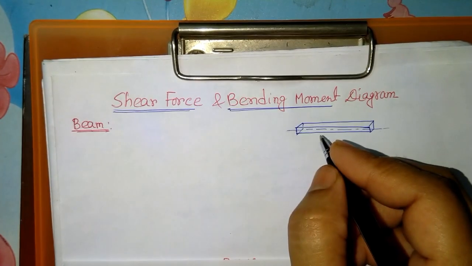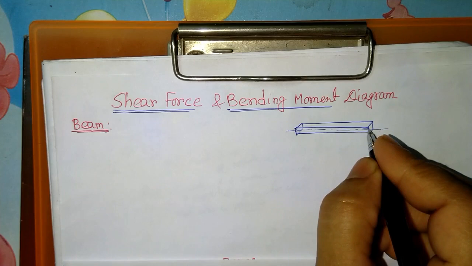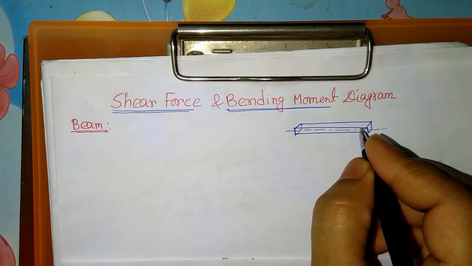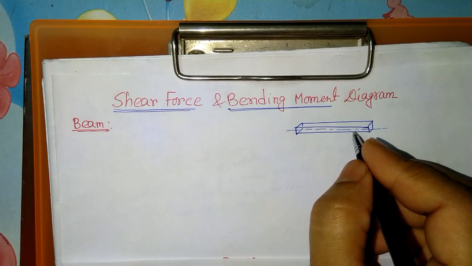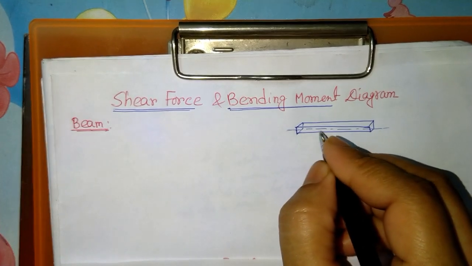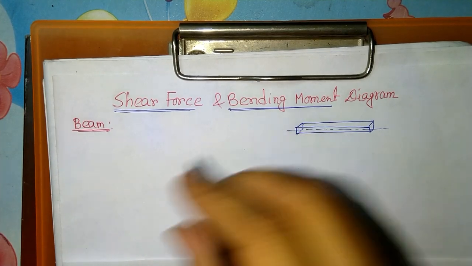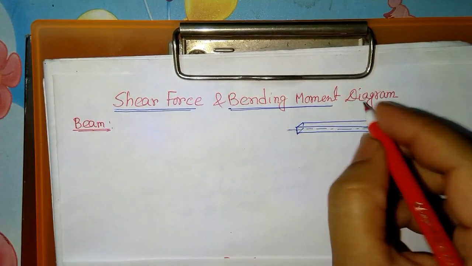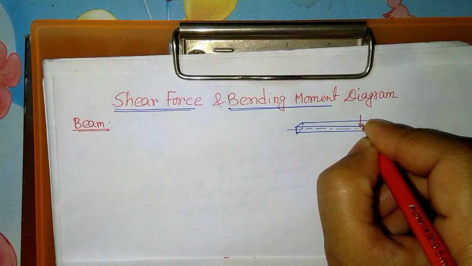So a beam is basically a horizontal member. If you see, the longitudinal axis lies horizontally, so we call the beam a horizontal member in which a vertical or transverse load is acting, or we can say forces or couples act perpendicular to the longitudinal axis.